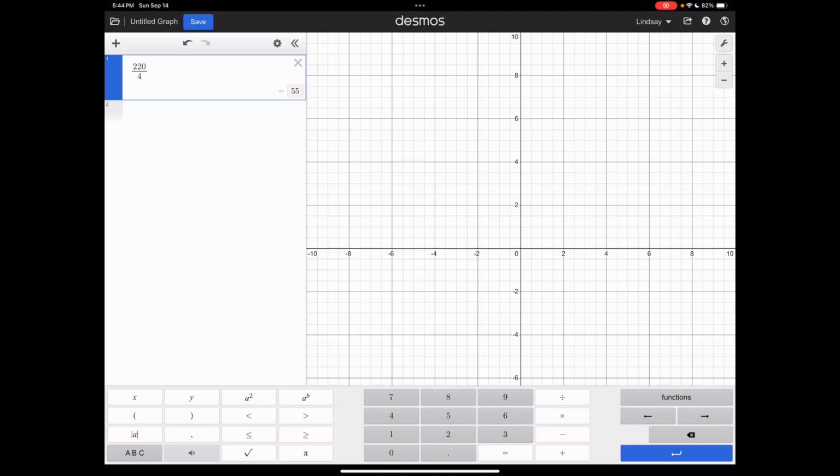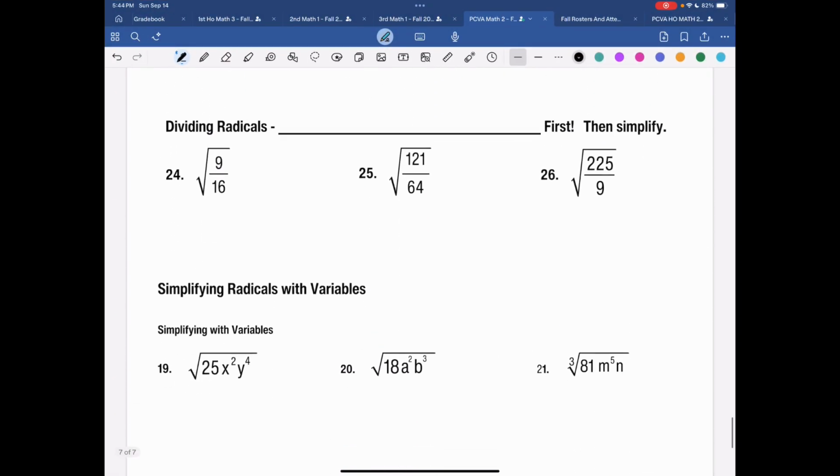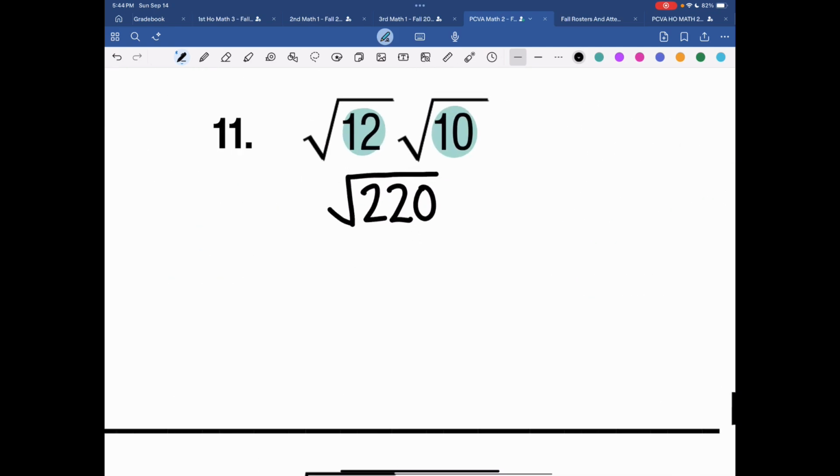So looking at this, 55, we can only break 55 into what? 5 and 11. So technically 4 would be our largest after kind of going through that process. So we're going to break this down, and we're going to say the square root of 4 times the square root of 55. That's going to be 2 square roots of 55.